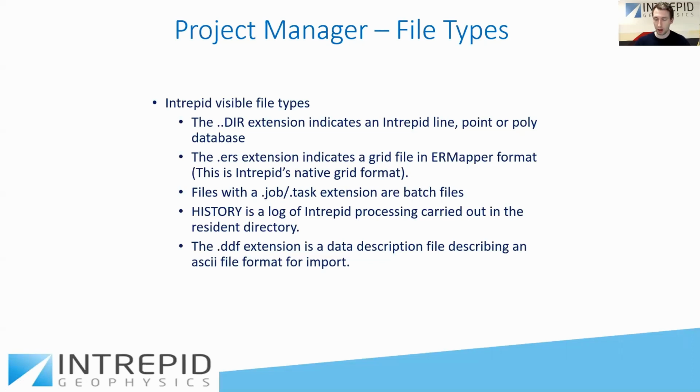There's also, whenever you run a process in Intrepid, it'll create a history file, which is a log of the processes carried out. If you want to make your own task files, what you can do is run a particular process that will output a history file that will have all the commands in task file format needed to run that process again.